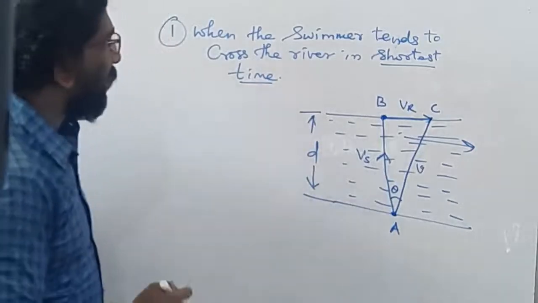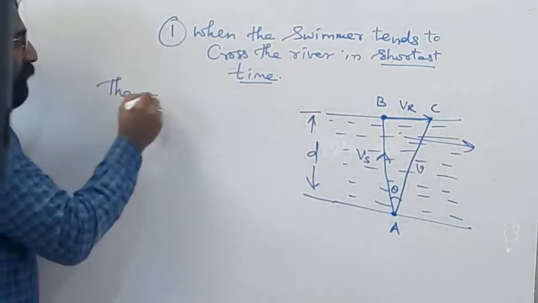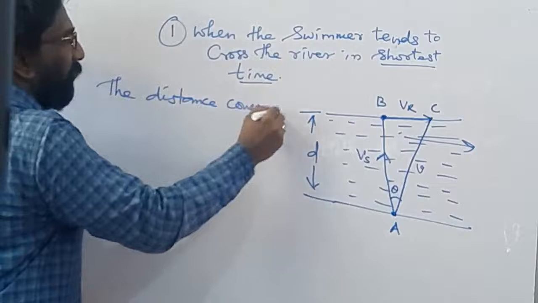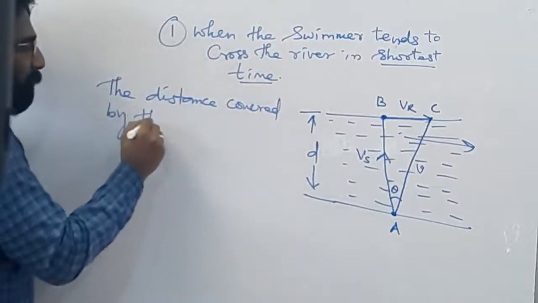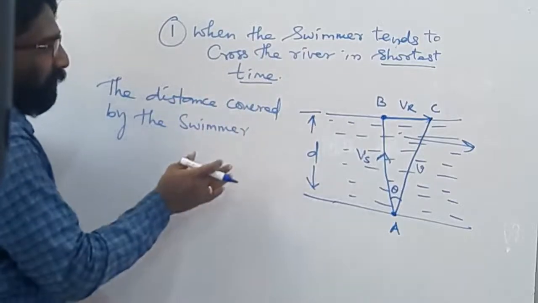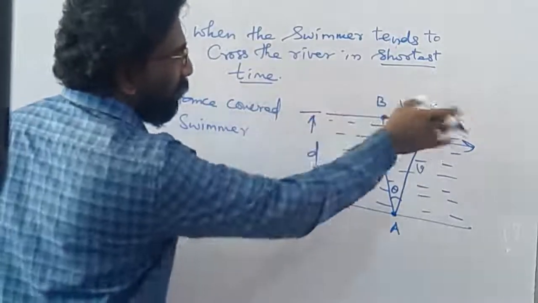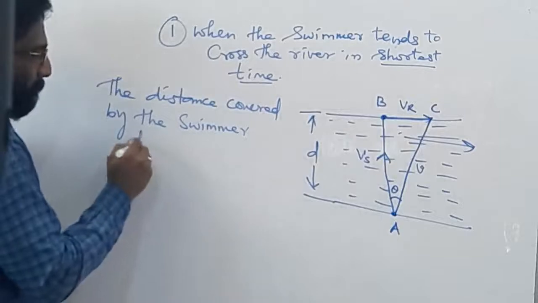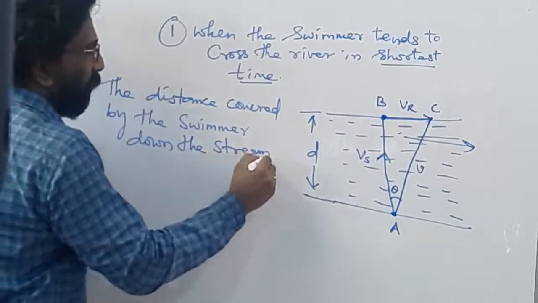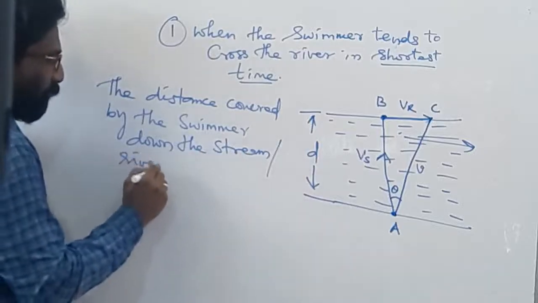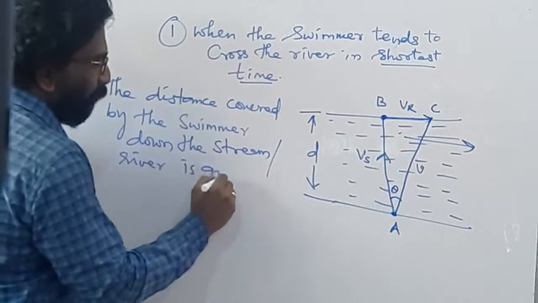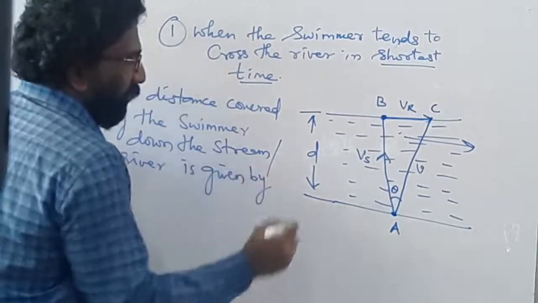Now we should calculate the distance covered by the swimmer down the stream, down the river, which is given by, see.